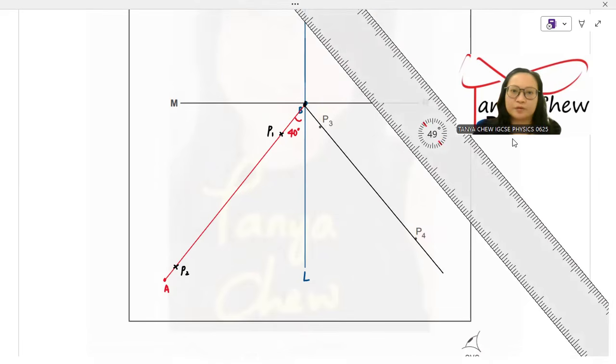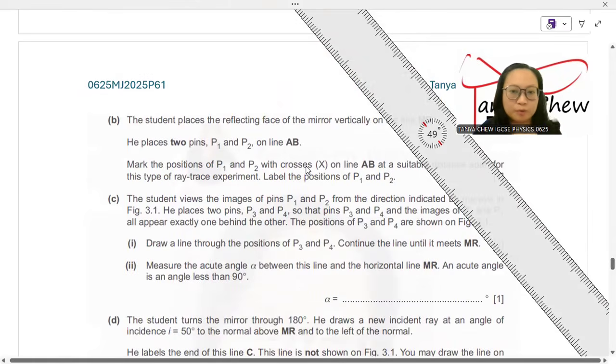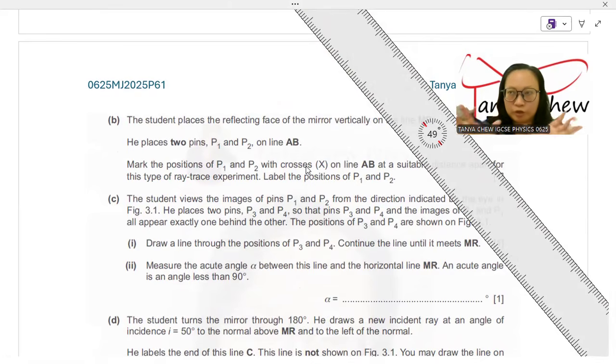Supposedly the center is that. Maybe because I measured the center of MR very inaccurately, that is why I would not be able to get the exact answer. But when you draw on the piece of paper, when you measure 5 cm and point B is exactly at 5 cm from the two ends, you will be able to meet at the intersect of the normal.